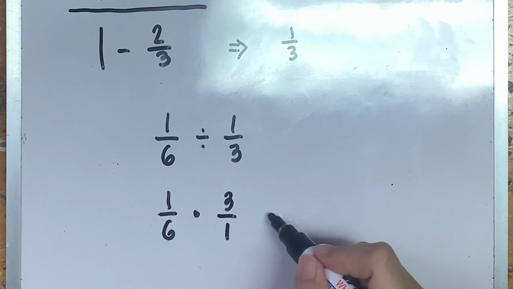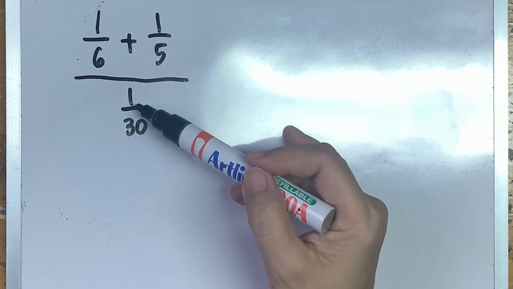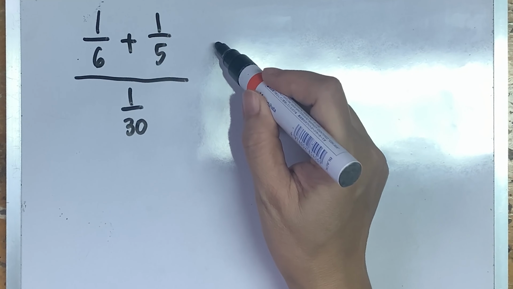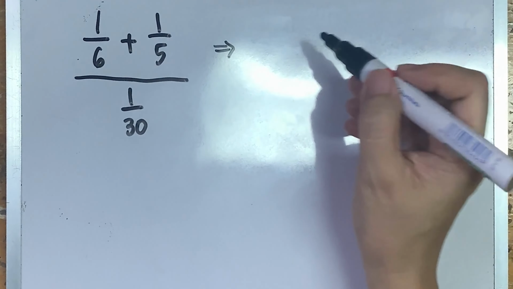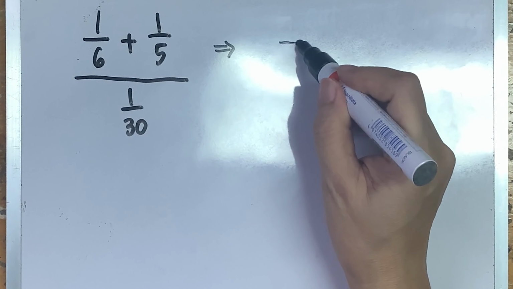Okay, for our next example, say we have 1 over 6 plus 1 over 5 over 1 over 30. So again, let's simplify the numerator to a single fraction. Okay, so first let's get the LCD. The LCD for that is 30.